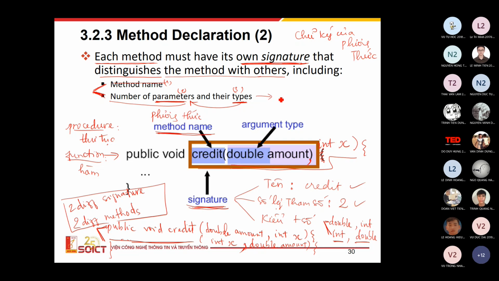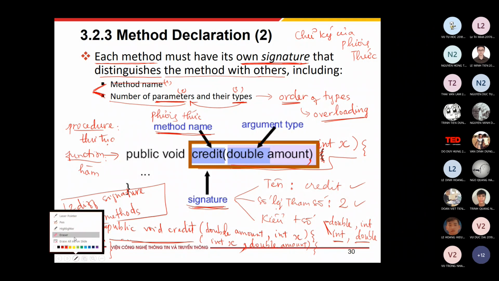Remember the order of each type; that can make the signature different. Please remember it, and later, when you learn about overloading, you will see what happens. Okay, so remember, when you declare a method, you have to show its signature.